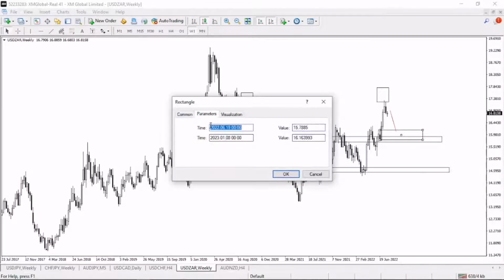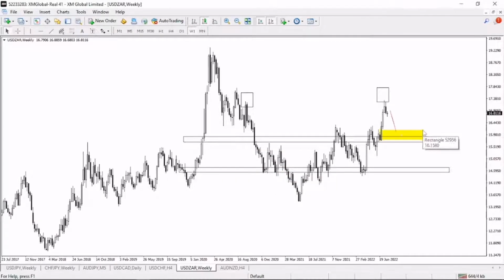A decision candle is a candle that is different from the rest of the candles. If the candles are white or bullish or blue and then there's one red candle, we call that a decision candle, right? So decision point, decision candle, whatever you want to call it. This is how I'll be predicting USDZAR.